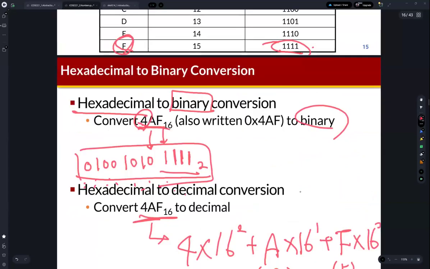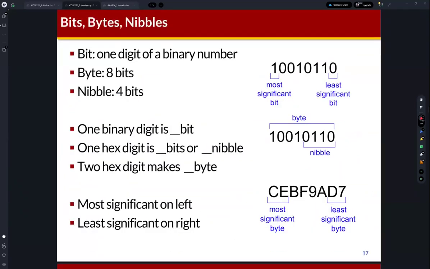Okay, so then let's learn about some terminology of a digital system. In the digital number system, or in digital data, I will frequently use some terminologies such as bits, bytes, and nibbles.